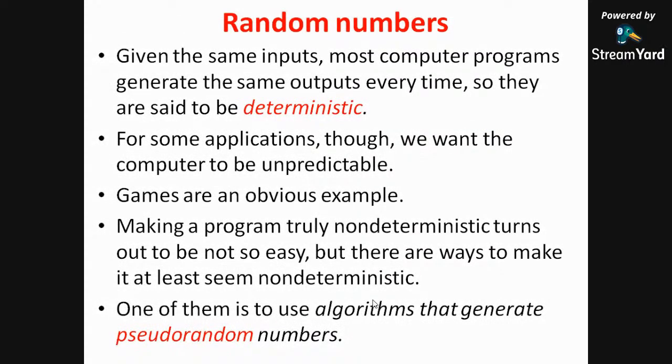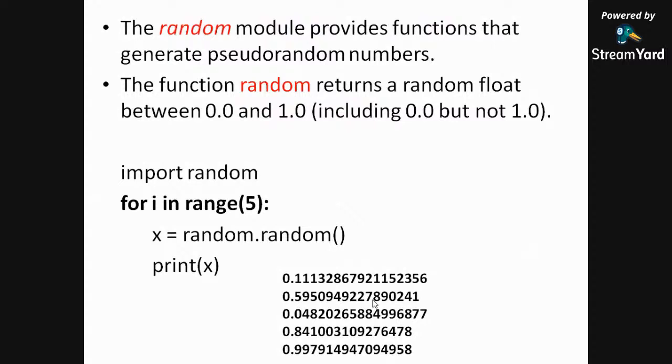Then sometimes you need to generate some random numbers, because when you work with machine learning algorithms, generating random numbers is important. So how do we generate random numbers? We have a module called random that provides different functions to generate pseudo random numbers.